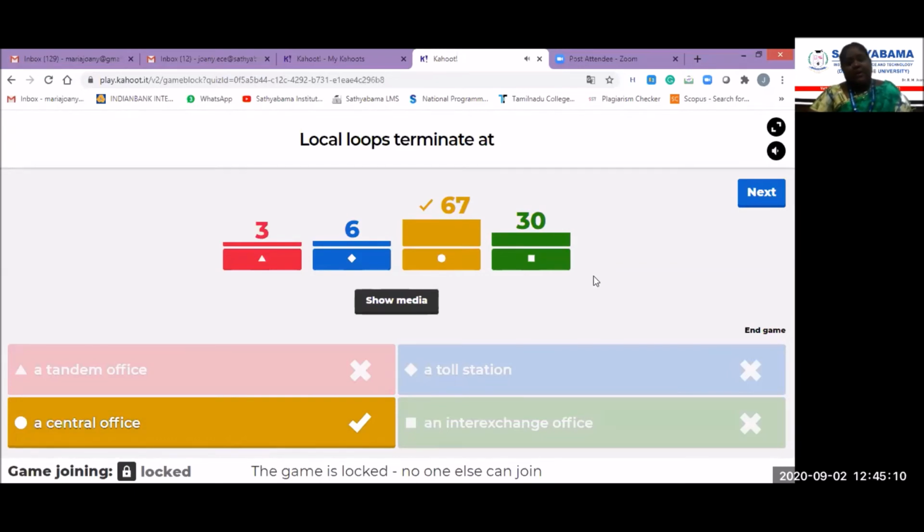So for the people who have made mistakes, please do correct the answers. Local loops terminate at a central office, that is nothing but the telephone exchange.